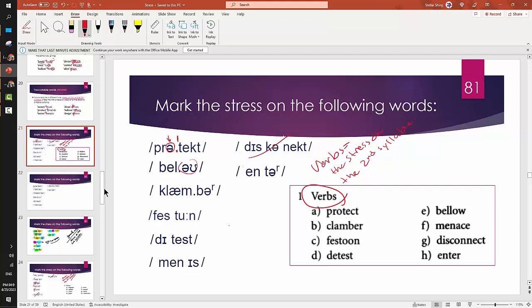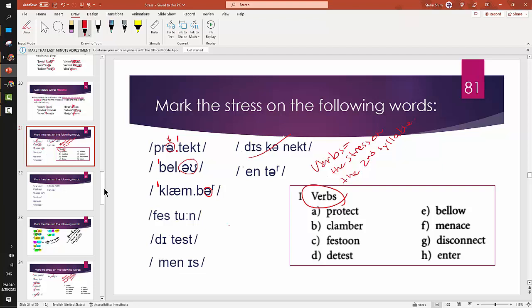When we have o, we cannot stress it, so we'll put stress on the first syllable. Clamber. As a general rule, we have to stress the second syllable, but we have schwa sound here. It's a weak syllable, so we will put the stress on the first.